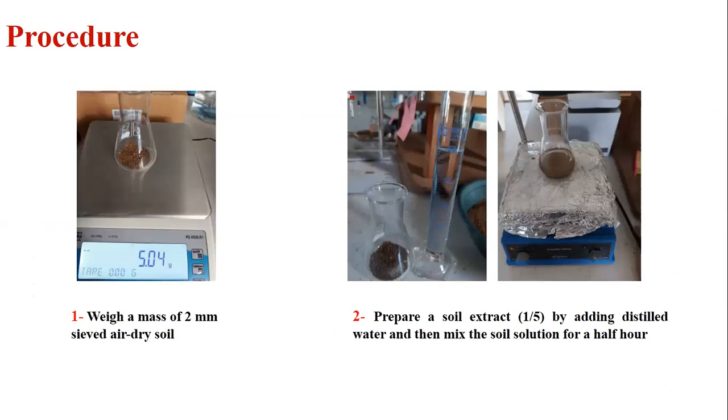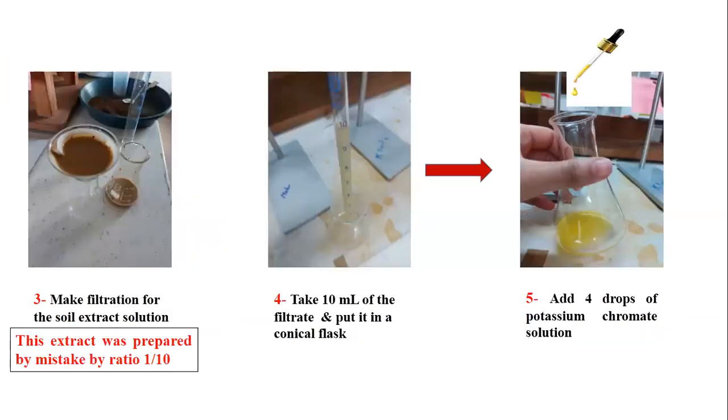Next, we prepare the soil extract by a ratio of 1:5 by adding distilled water, and then we agitate for half an hour. After that, we filter the soil extract solution. Sorry, here by mistake, I prepared the ratio of 1:10 yesterday.